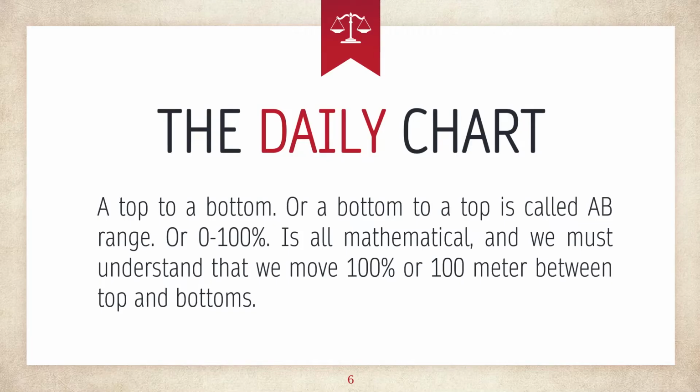So a top to a bottom, or a bottom to a top, is called AB, the AB range that you just saw. We can also call it 0 to 100%. It's all mathematical, and we must understand that we move 100%, or 100 meter, between tops and bottoms.